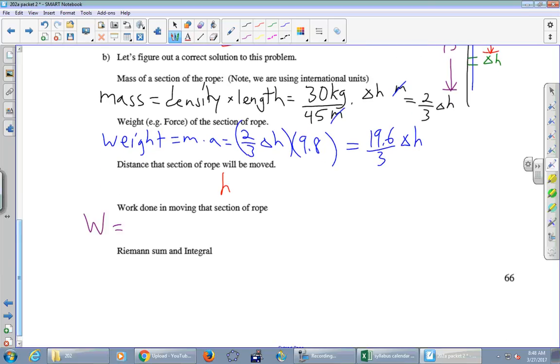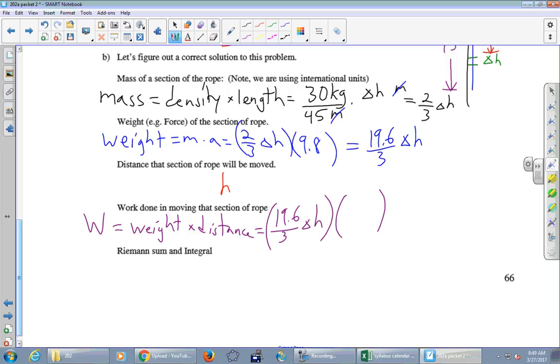Work is equal to, what's the definition? Force times distance is good. I'm going to call it weight times distance just because that's what we called it up above. So we're copying the weight, which was blue, 19.6 over 3 delta H. And then we're multiplying that by the distance that the rope is traveling, which is red.